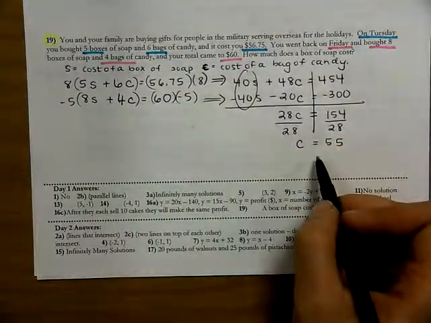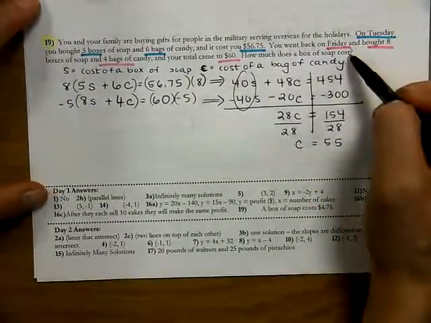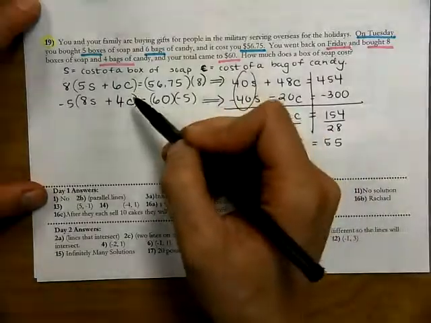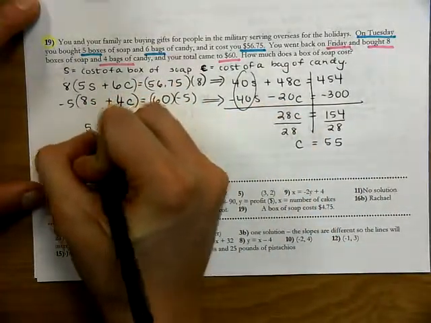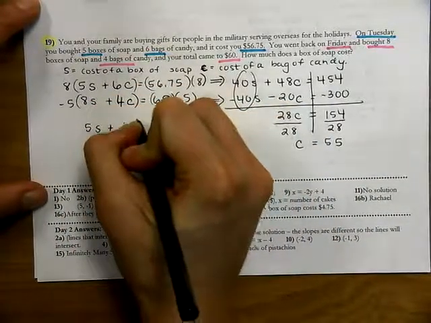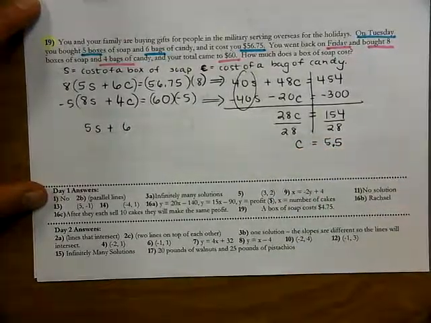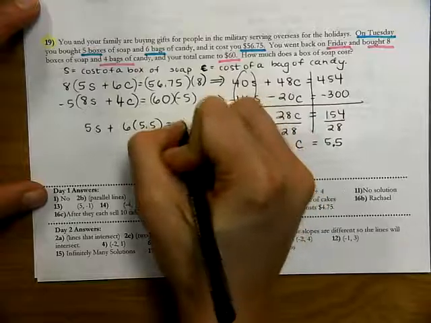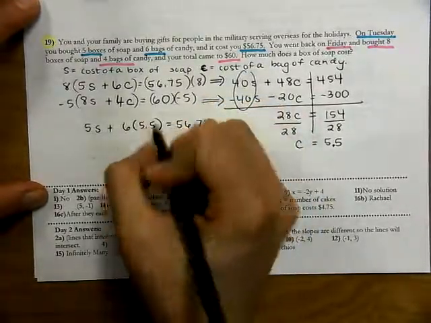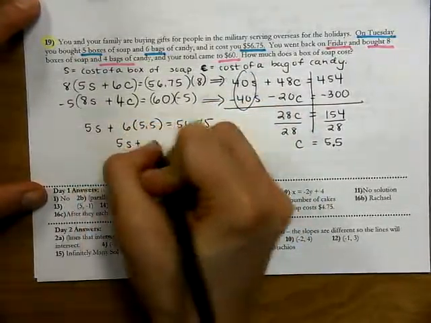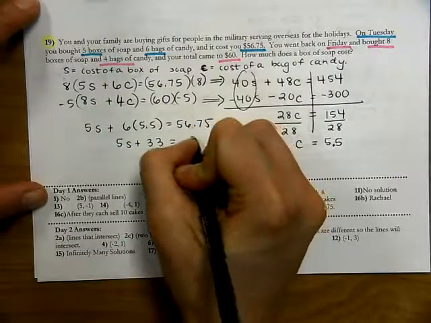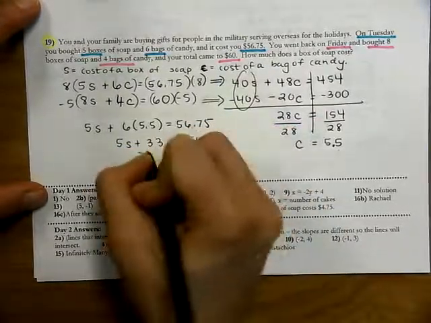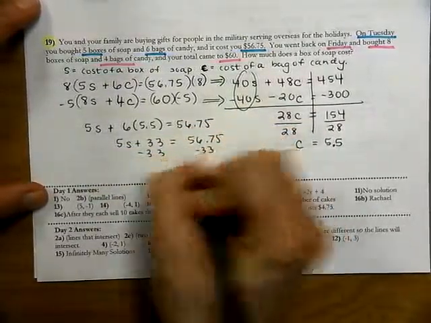So this is the cost of a bag of candy. I want the cost of a box of soap. So I can substitute that back into either one of these equations, 5.5, sorry. 6 times 5.5 equals 33, plus 5S equals 56.75. And now I can solve this equation. Let's subtract 33.